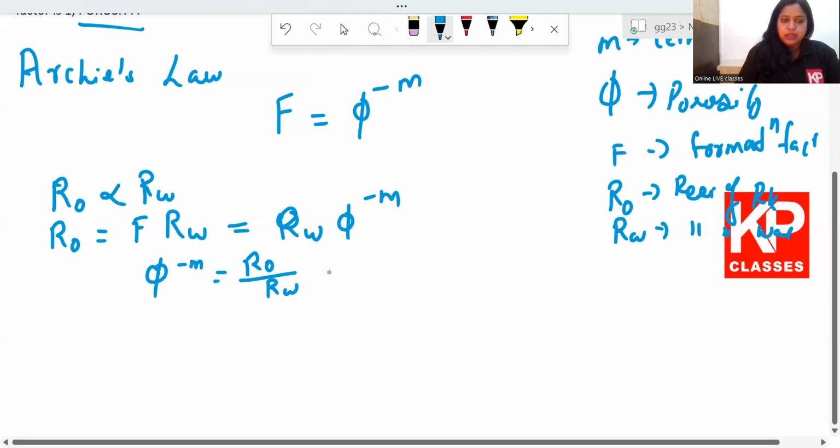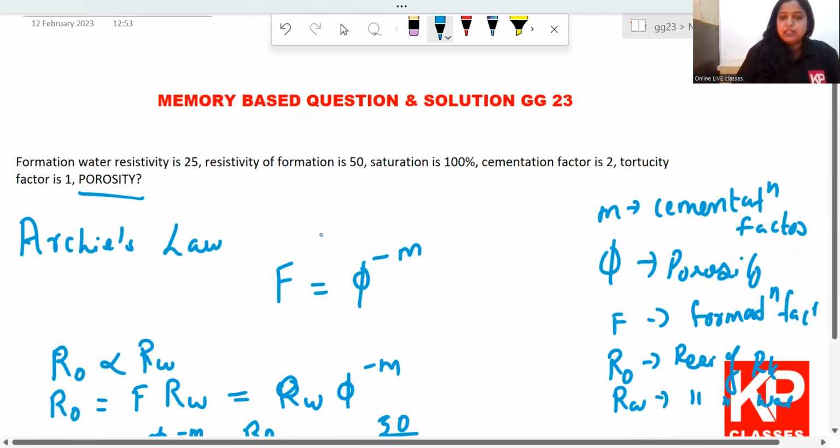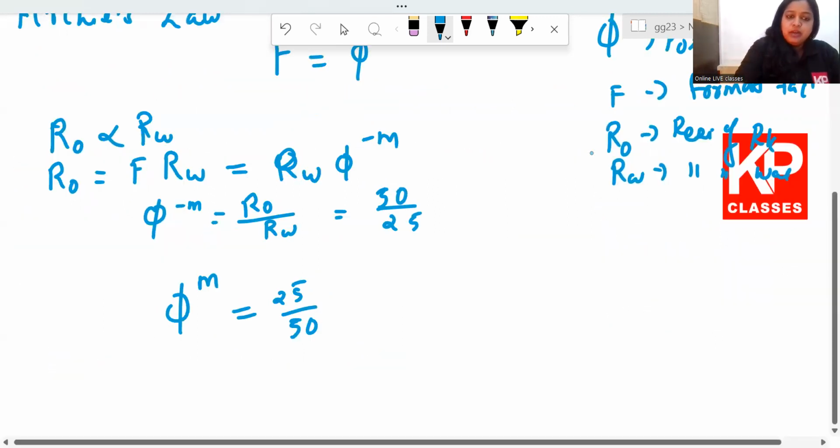These values are provided: RO is 50 and RW is 25. So RO by RW is equal to phi raised to minus M, and this will be 25 divided by 50. M is the cementation factor, that is 2.